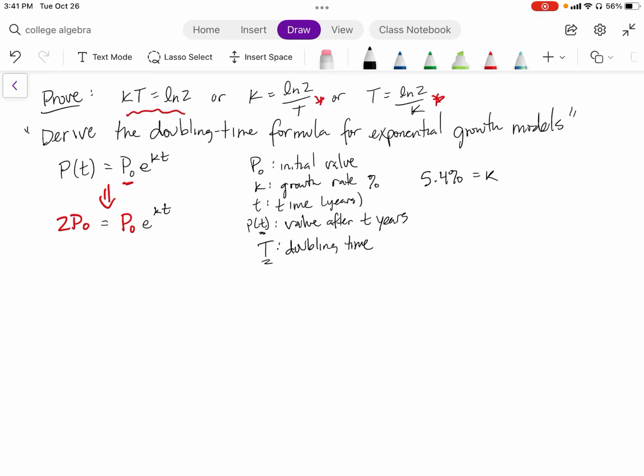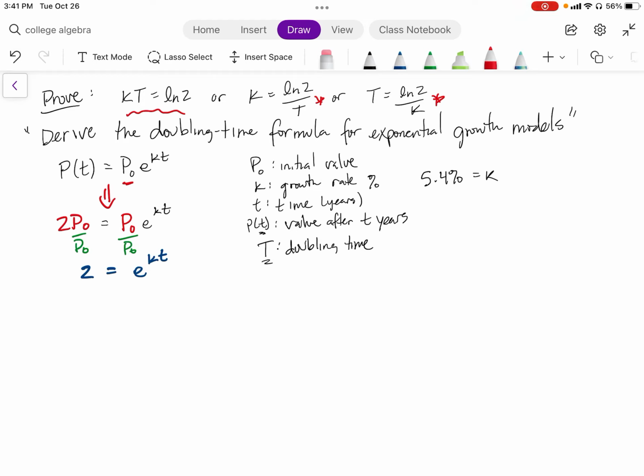All right, well, let's solve this. First things first, I don't like that P naught on both sides. We have all multiplication, so let's divide. If I divide P naught on both sides, I simply get 2 equals e to the kt. And we know how to get the variables out of the exponent: we do natural log.